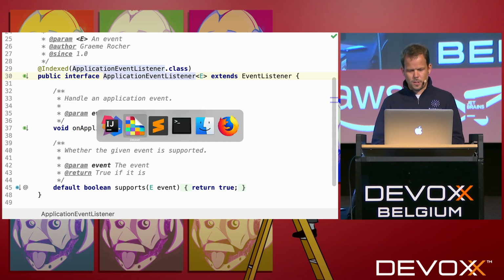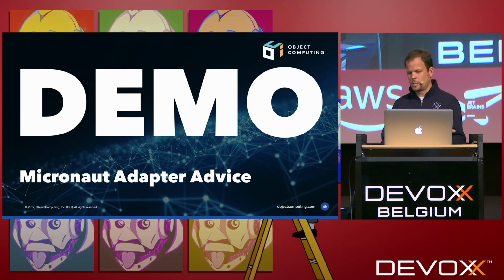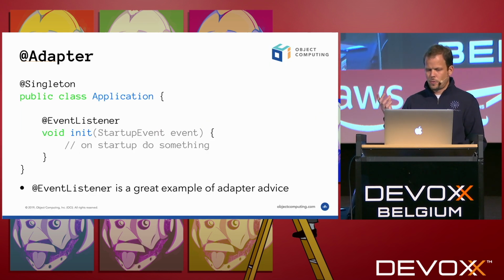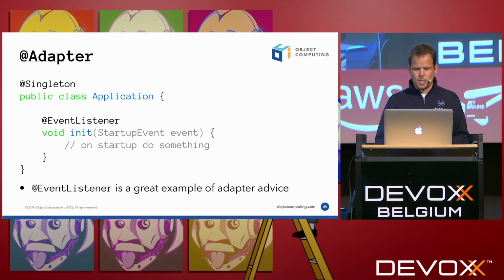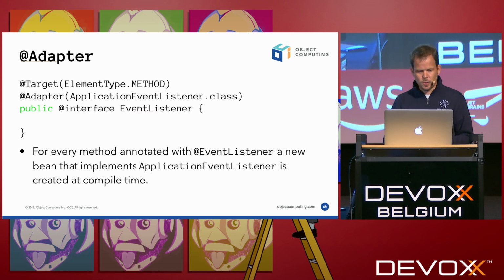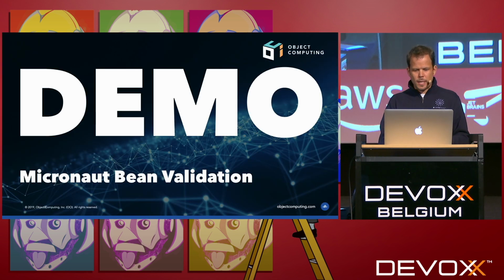So that is adapter advice, which is a really nice feature. And again, it's completely reflection free and so forth. So Micronaut's event listeners is a great example of adapter advice. You can adapt any single abstract method interface. You get nice early warning compilation errors if things go wrong.